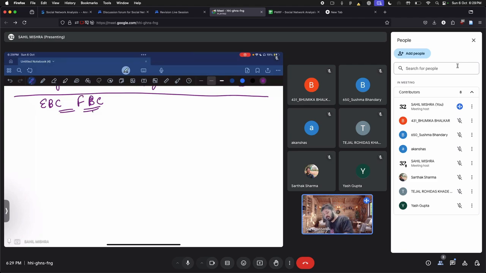Basically, flow betweenness says you take all paths instead of shortest paths, wherever the flow takes. Edge betweenness centrality refers to the fraction of all pairs passed through a given edge.